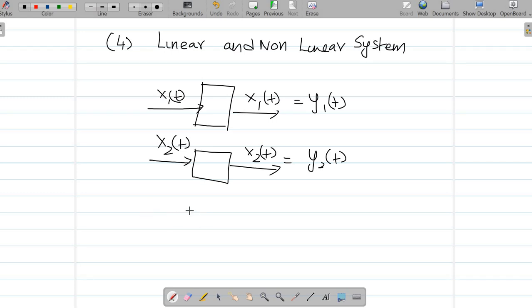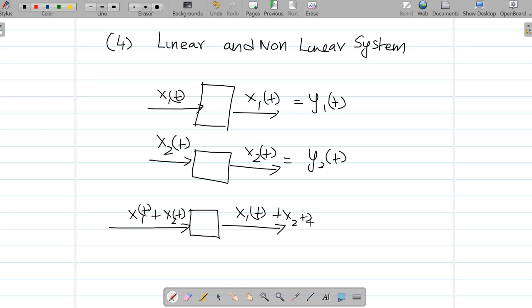Let us say when I add both the inputs and I feed it into the transformation block, then what happens? Whatever goes in just comes out. So this I can say is y1 of t plus y2 of t.